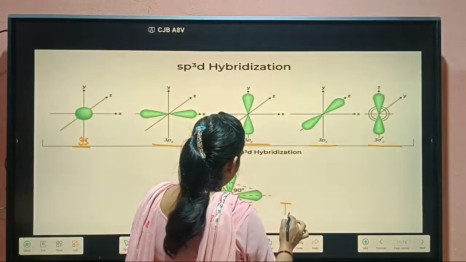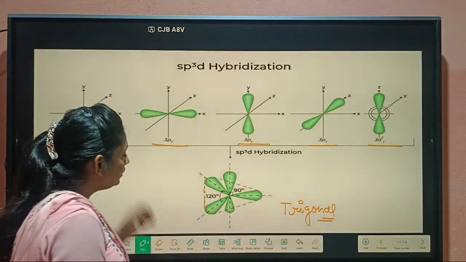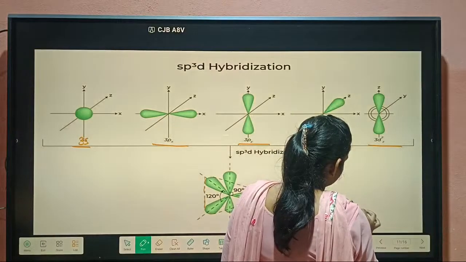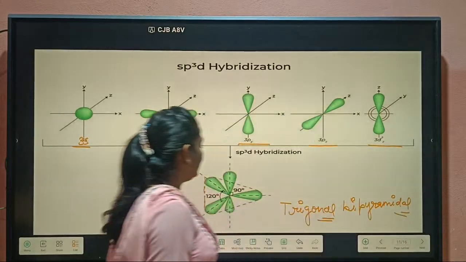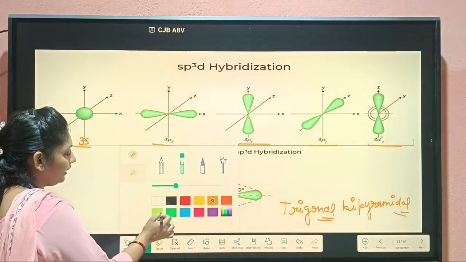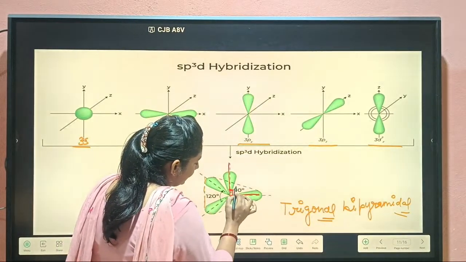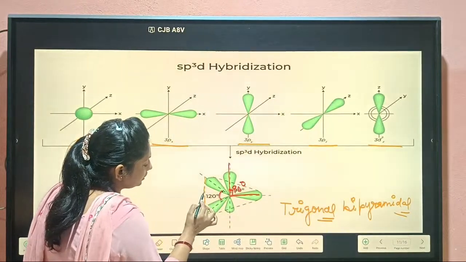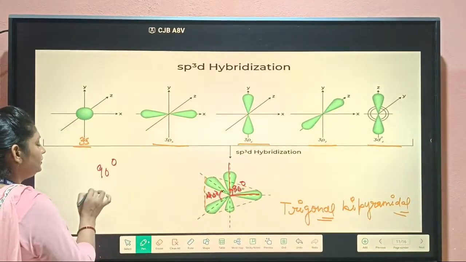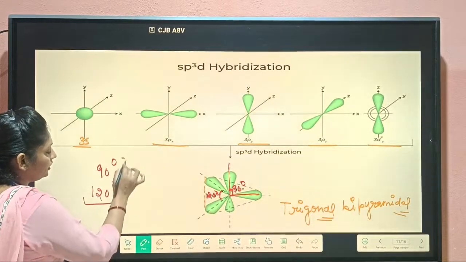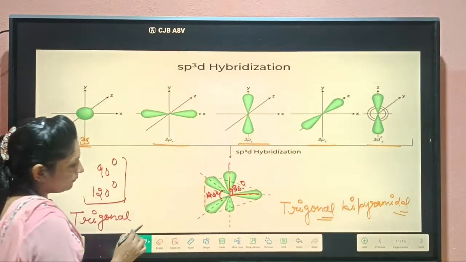This one is trigonal bipyramidal. Here the angles will be 90 degree and 120 degree, and the geometry is known as trigonal bipyramidal.